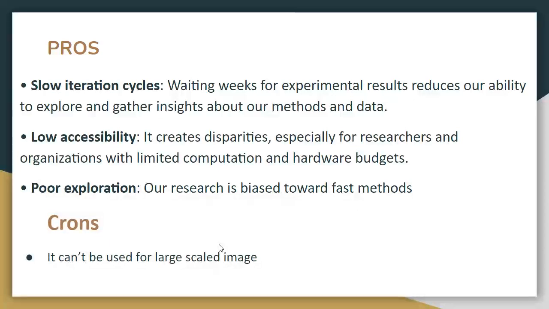So this is the pros, and we can also use the Synbols in weather detection, as it is used for latent features, that means a small undetectable variable or undetectable object that can be easily observed. Okay, and the con is it can be used for large scale images.